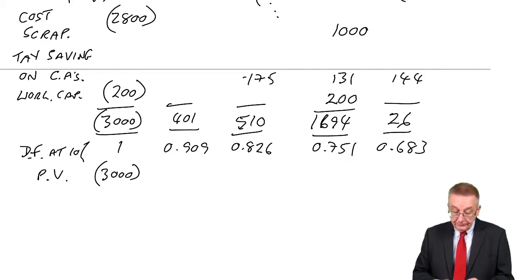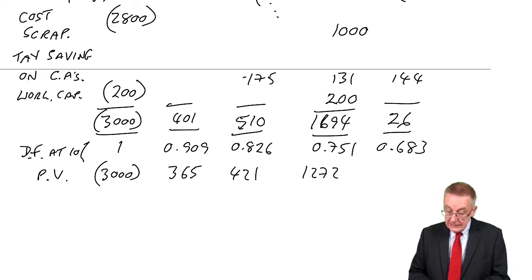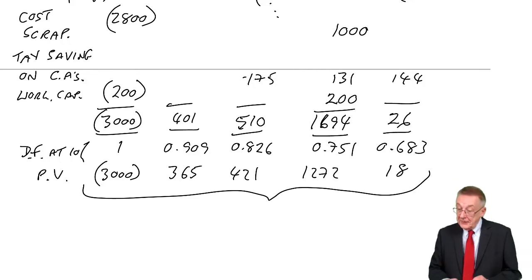Sorry, it won't take a minute. And finally, the net present value: 365, 421, 1272.18 minus 3,000.